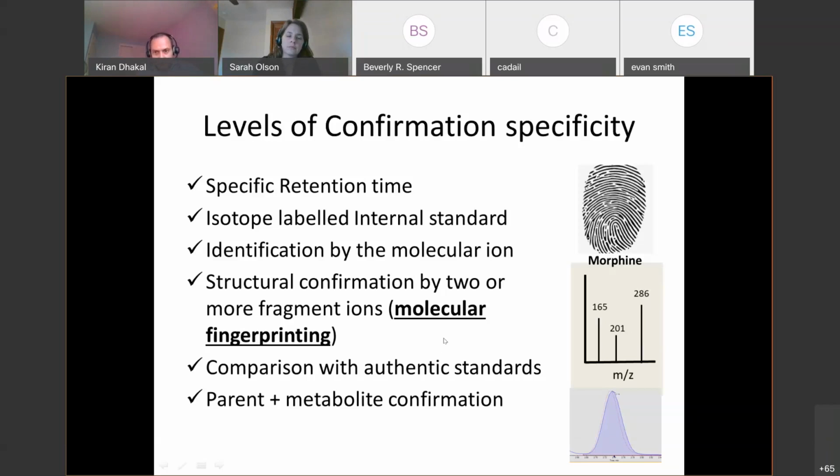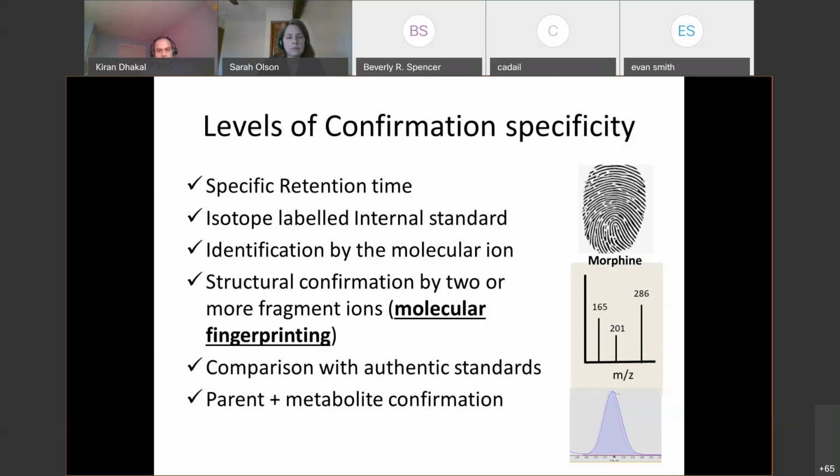For example, I've given the example of morphine. This is a typical morphine fingerprint. You have a morphine molecular ion of 286, and it should fragment into 201 and 165, always in a certain ratio. And we compare this molecular fingerprinting with authentic standards.